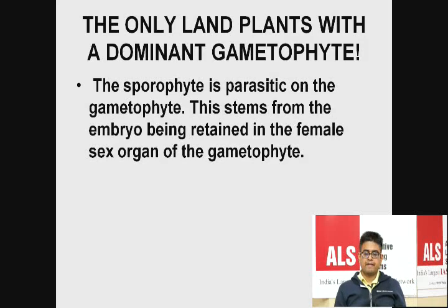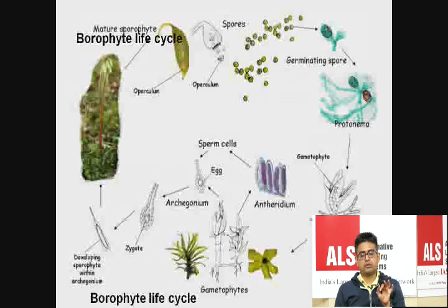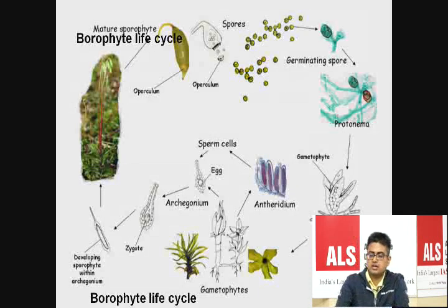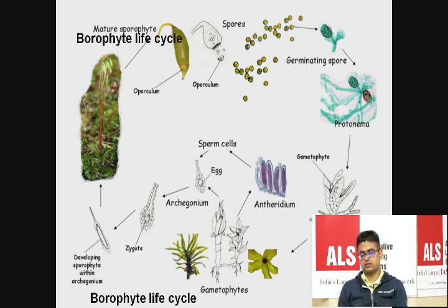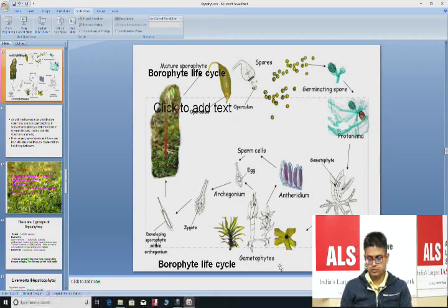And bryophytes are the only land plants to have a dominant gametophyte. These are important terms that begin from this chapter regarding the life cycle of bryophyta. So let's start with the general characters of bryophyta, and then we'll begin with the notes part.